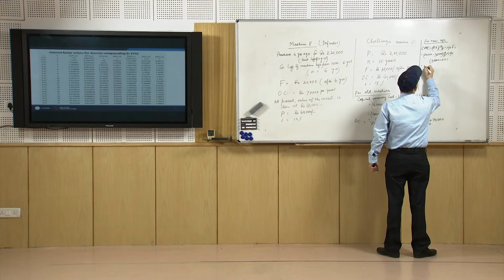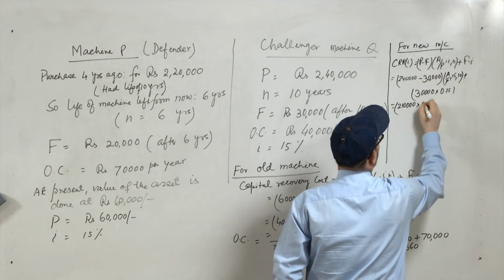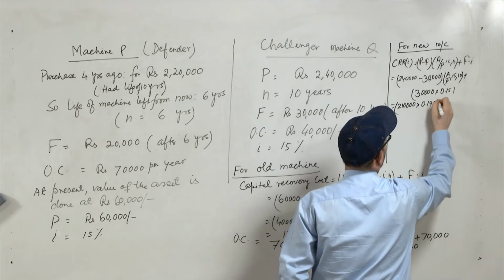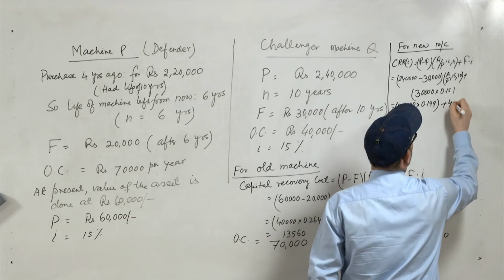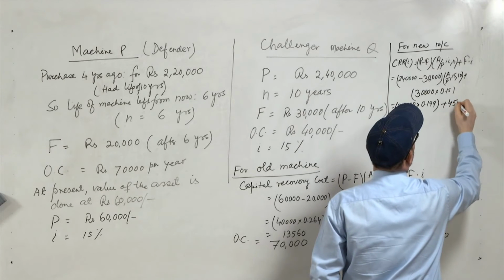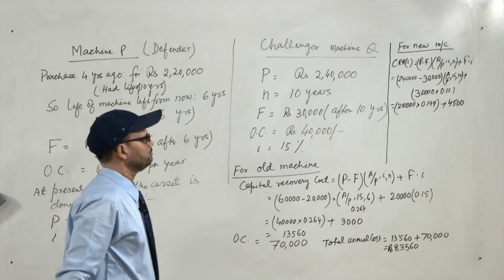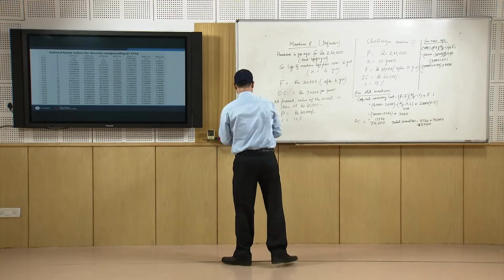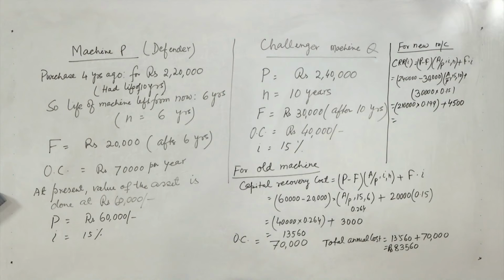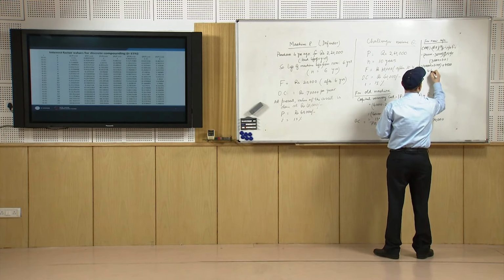So, it becomes 210,000 multiplied by 0.199 plus 4,500. So, it will be 46,290.